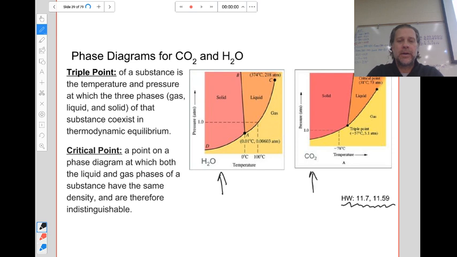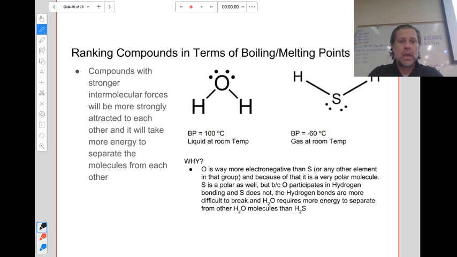And then following that up, at some point you will be asked to look at different compounds and identify which compounds have the higher melting point or boiling point just by looking at them. And you have to use your knowledge of intermolecular forces to do so. Definitely for this test, they may be asking you questions.